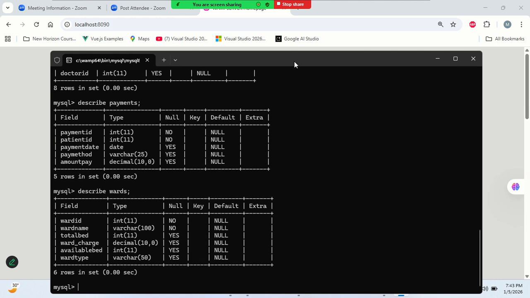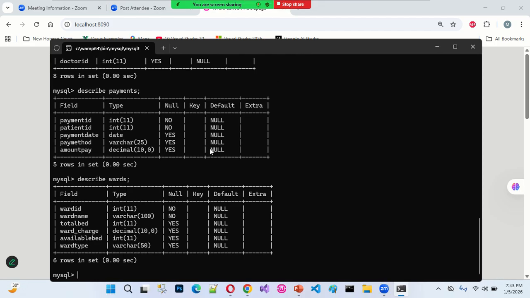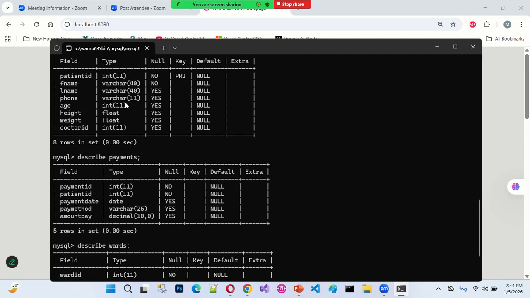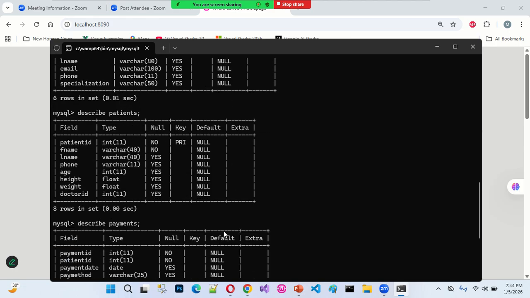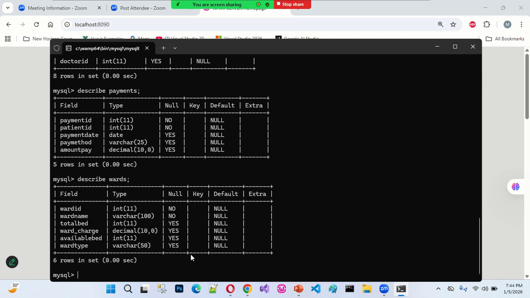Remember, we said constraints can be added to a new table, and constraints can be added to an existing table. We already discussed how to create the ward table and the payment table, even the doctor table, before we created a constraint. So when we created a constraint last time, we created a new table called patient. We then added a constraint to it. Another table we used in the last lesson is what we call country.